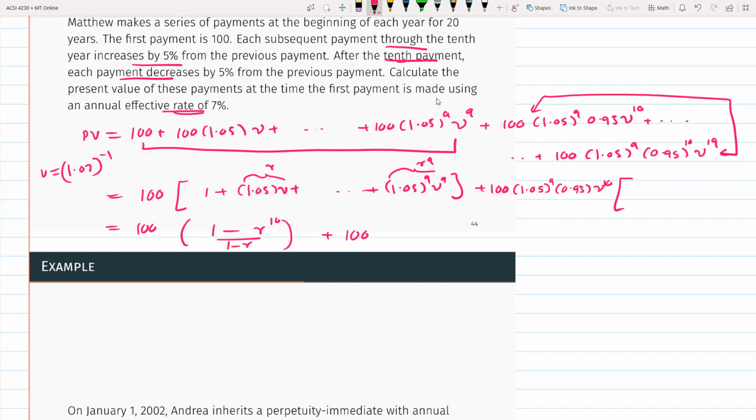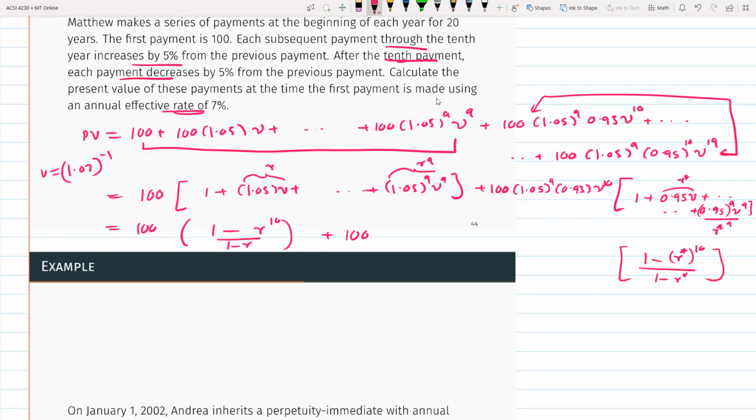So let me take all of that. What do we have left? It's 1 here. Then the next one would be 0.95 times v. In here it's going to be 0.95 to the power 9 and v to the 9. I can think of this as r, not the same r, but let's say r star. And this one would be r star to the power 9. So this one I can write as 1 minus r star to the power 10 over 1 minus r star.